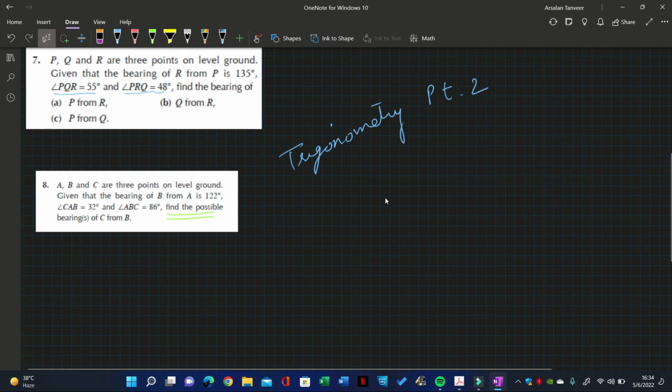So let's draw the diagram first. This is the line of north, right? Bearing of B from A, so the starting point is A, and the bearing is 122, so it will go in this direction. And making the axis a little bit bolder.